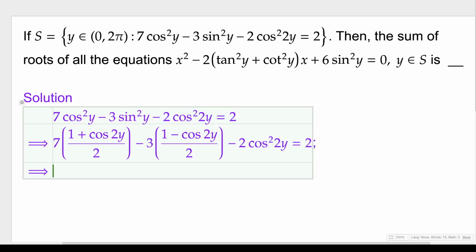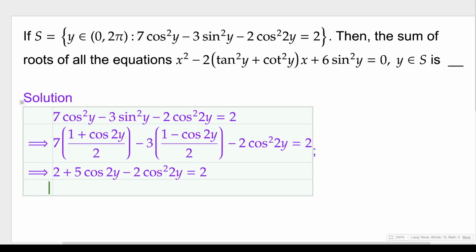On resolving this, we'll be getting 2 plus 5 times cosine of 2y minus 2 times cos 2y squared, that is equal to 2. Now subtracting 2 on both the sides, this can be written as 5 times cos 2y minus 2 times cos 2y square, that is equal to 0.